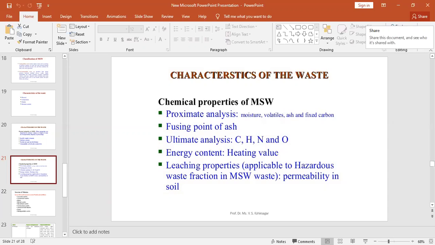Here the permeability factor also matters. Leaching properties: what is meant by leaching properties, do you know? I think we discussed it in the last subject.